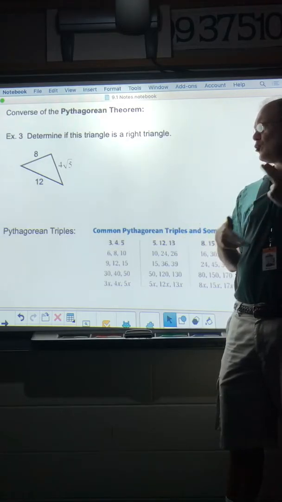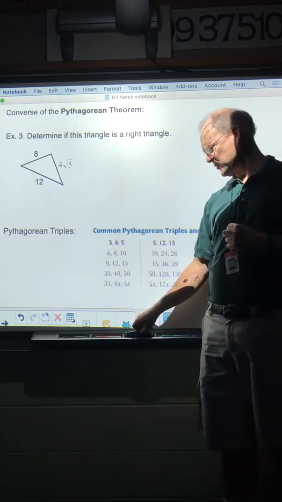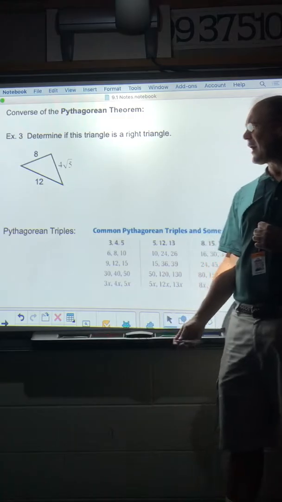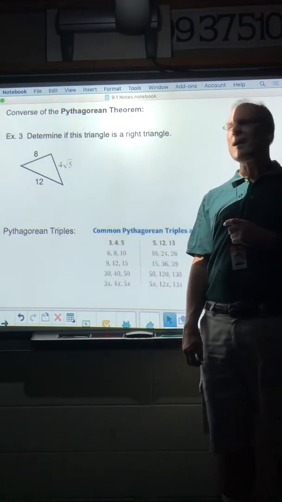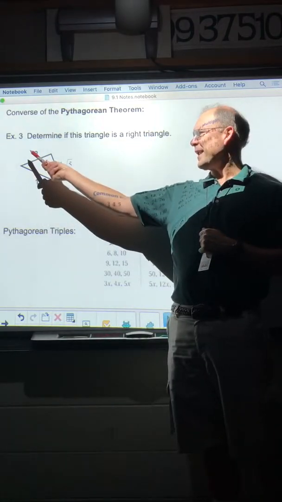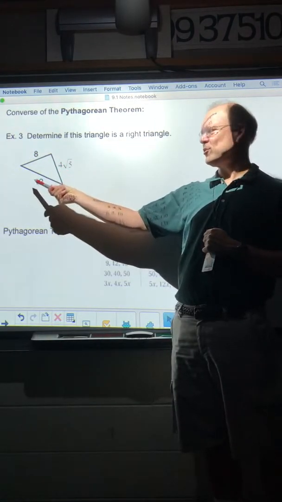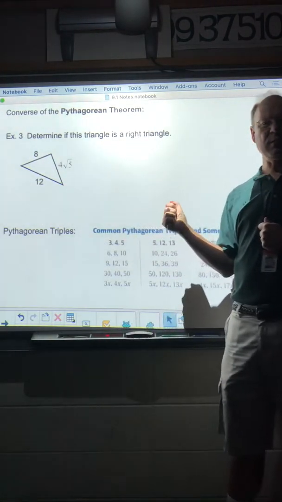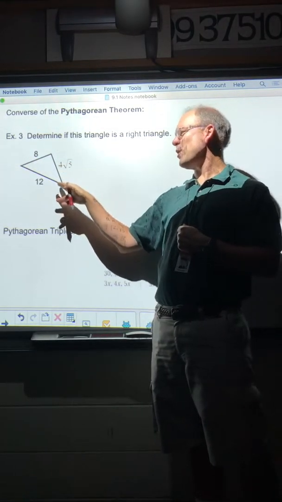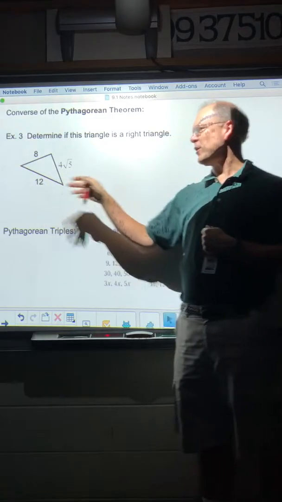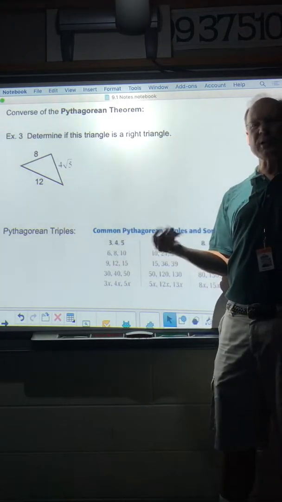We need to use some math to determine yes or no, is it or not. Okay, so if it's a right triangle, then A squared plus B squared should equal C squared, right? If A squared plus B squared is not equal to C squared, then it's not a right triangle.